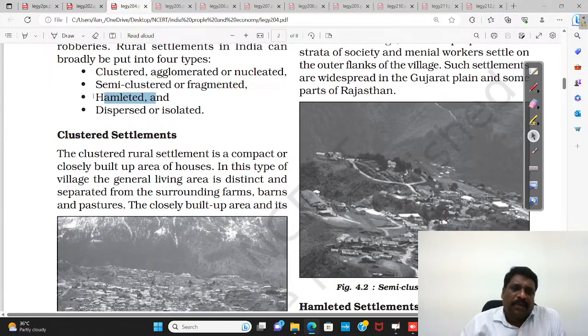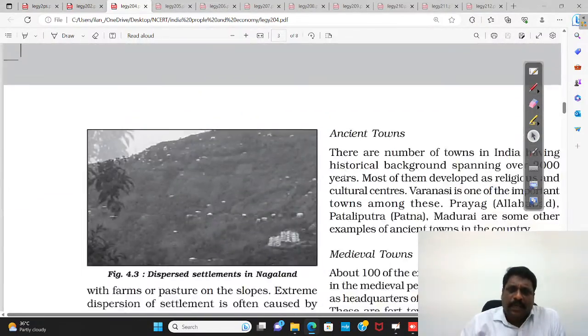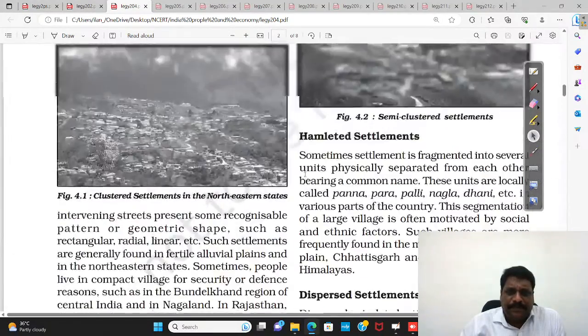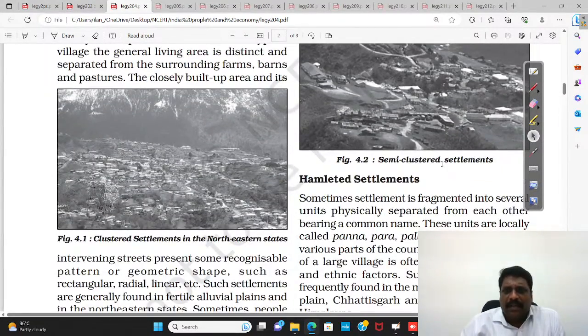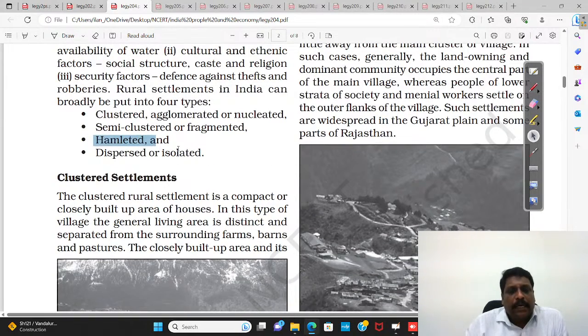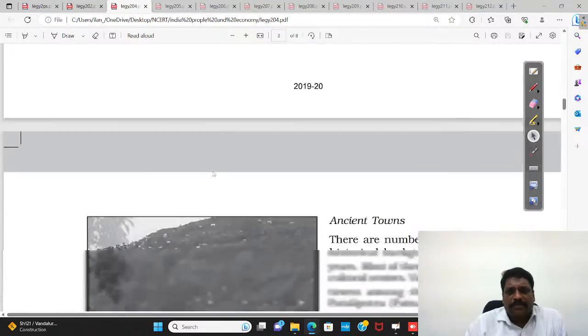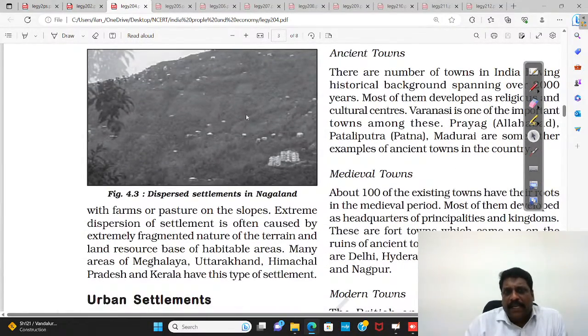Hamleted means I'll have a settlement, but slightly away from the village, a separate small group of settlements. Wherever the socio-economic divides are more, this hamleted type of settlement will also be more. Then dispersed or isolated. Most mountain-like regions have dispersed settlement. Here and there it will be scattered.